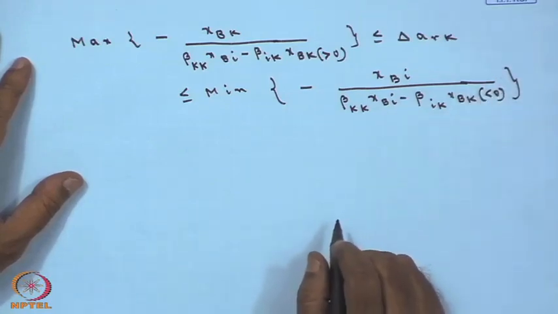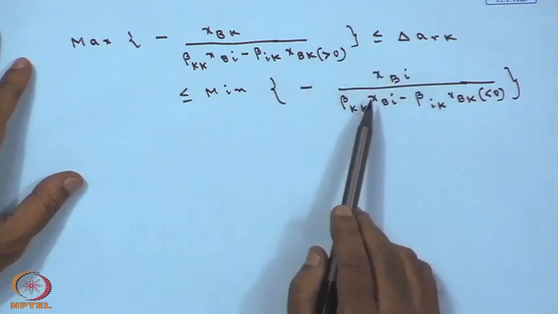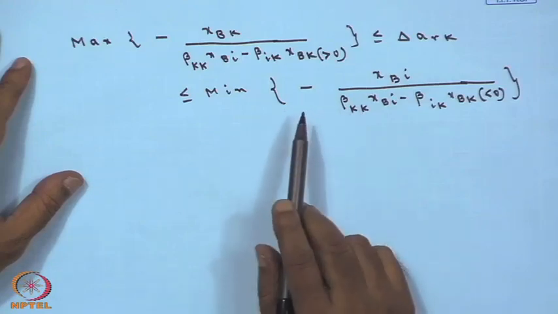So, you see for feasibility, if the change lies in this range, in that case the problem will remain feasible, you do not have to do anything.